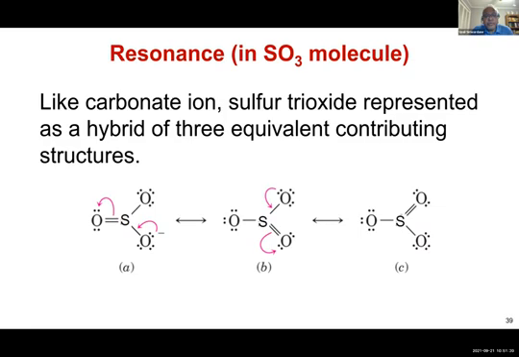Electrons move between the second S-O single bond, and the double bond becomes a single bond now. Then the third redistribution moves the double bond to the last remaining oxygen atom. So in organic chemistry you sometimes use these to describe movement of electrons in molecules during reactions.